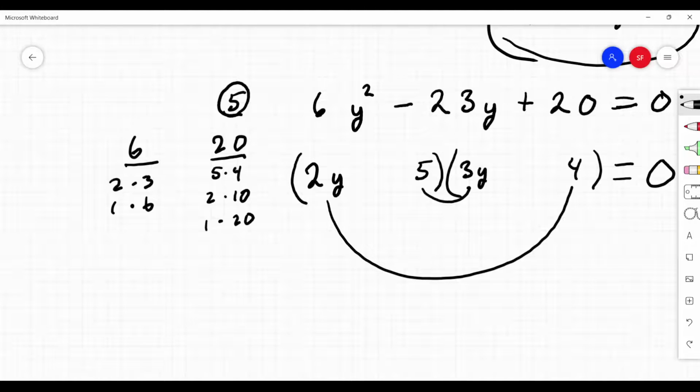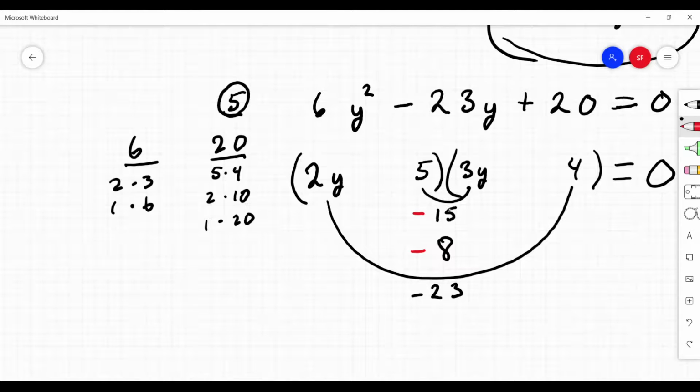So 5 times 3 is 15. 2 times 4 is 8. And we're trying to get a negative 23. Can we add or subtract those things and get the signs? Both have to be negative: negative 15 minus 8. And a negative times a negative at the end gives us a positive, so it works all the way around.